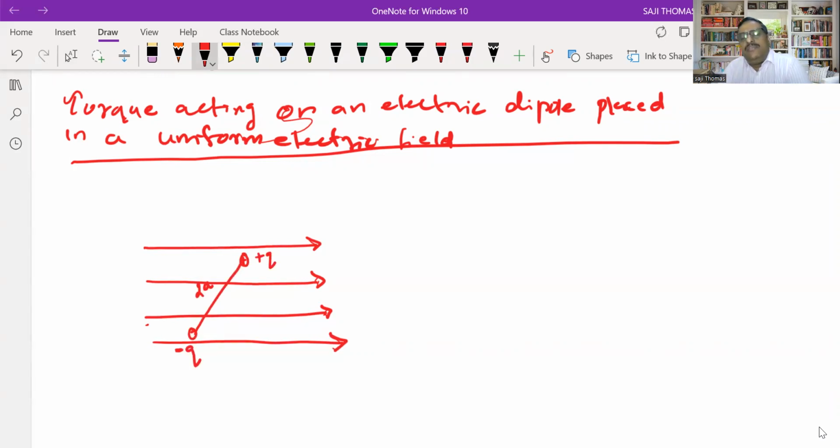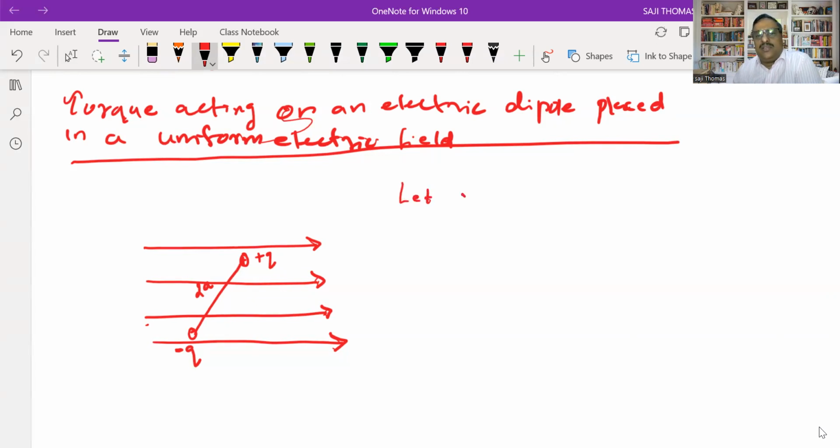And you know, if you keep a charge in an electric field, it will experience a force. The force will be in the direction of the electric field. As a derivation, you have to explain the terms first.